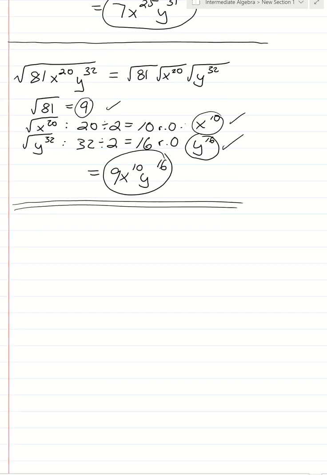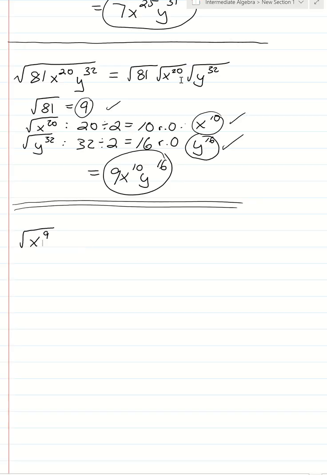So what if we were dealing with the square root, not of x to an even number, but maybe of x to the 9th power? This is not a perfect square variable because 9 is not an even number, and we want to simplify this.